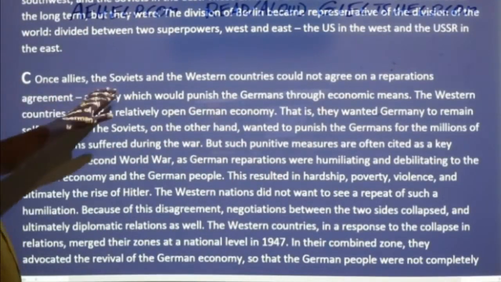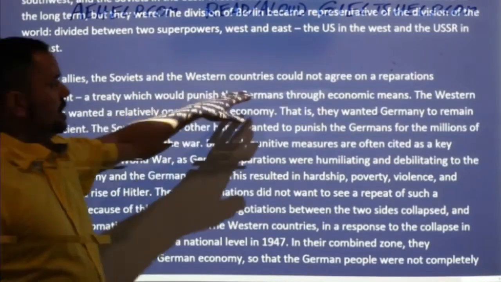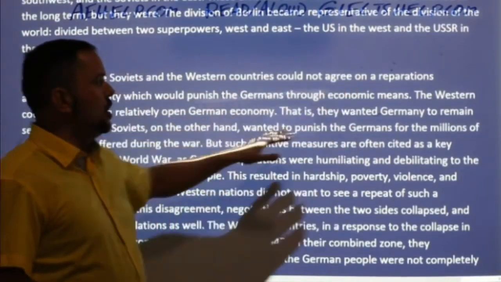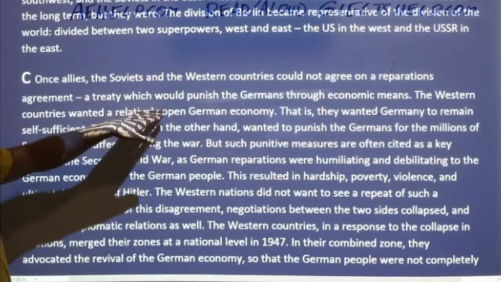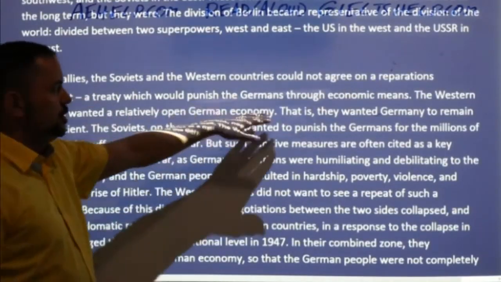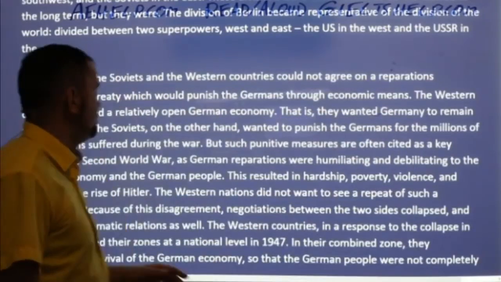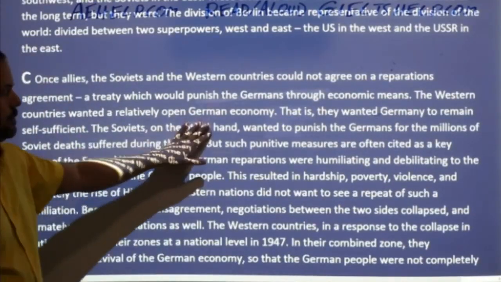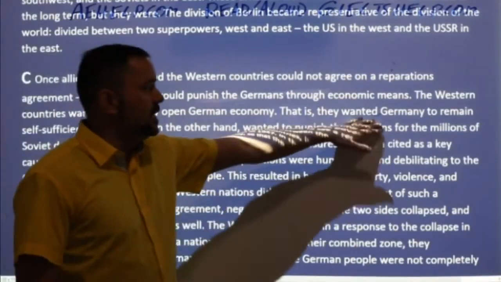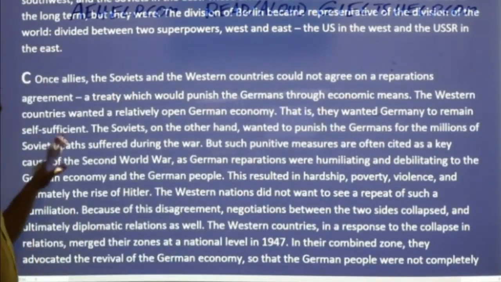Once allies, the Soviet and the Western countries could not agree on a reparations agreement, a treaty which would punish the Germans through economic means. The Western countries wanted a relatively open German economy. That is, they wanted Germany to remain self-sufficient.